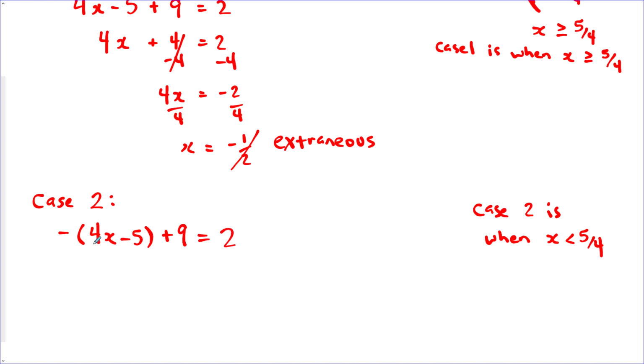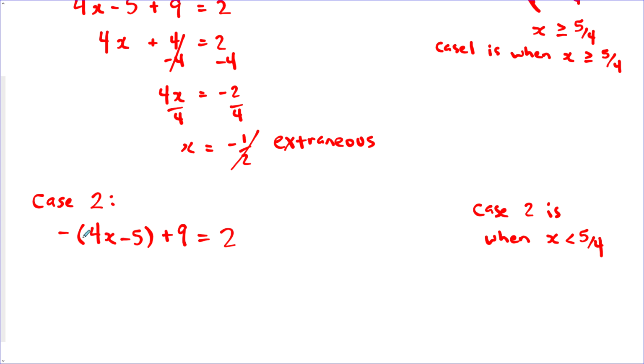Just in case you don't understand why we're multiplying it by negative, x is less than 5/4, so 0, for instance. If we put 0 in here, we get 4 times 0 is 0, minus 5 gives us -5. Now the absolute value brackets would return us +5, but we've got -5 here. So by multiplying by negative, we're going to make that +5.